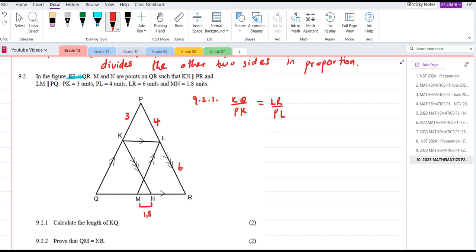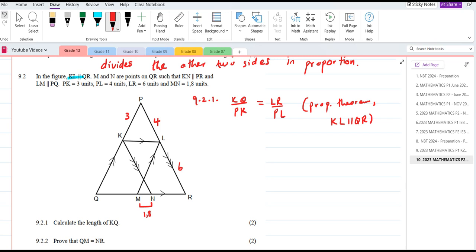And the reason for this, what's the reason for this? We're going to write prop theorem. Why is it prop theorem? Because KL is parallel to QR.